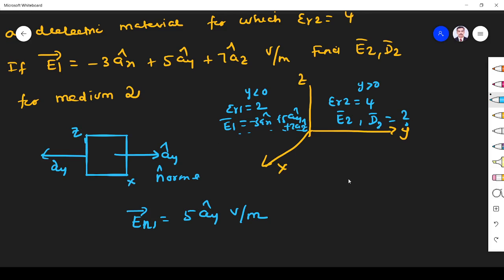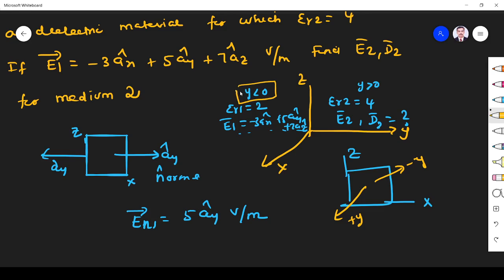Yes or no? Let us assume this is X, this is Z, then plus Y direction comes outside the screen, and minus Y direction is inside the screen. They gave the values for y greater than 0 or less than 0. Y greater than 0 may be outside the screen, y less than 0 may be inside the screen. That's what I have drawn here also.